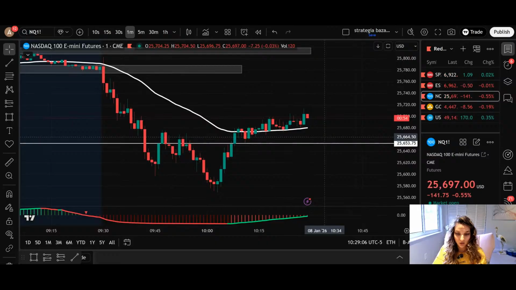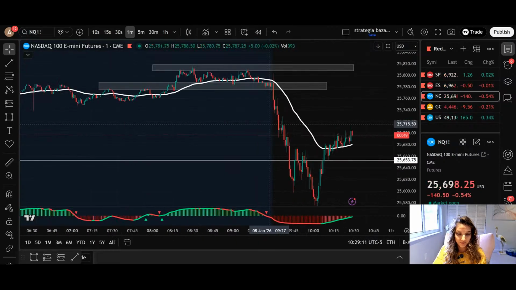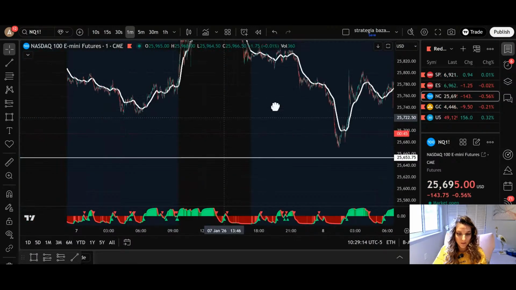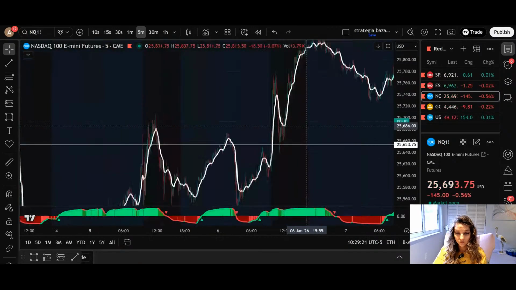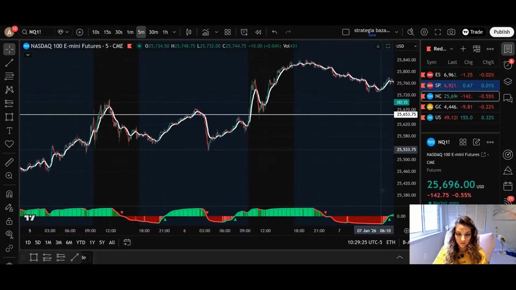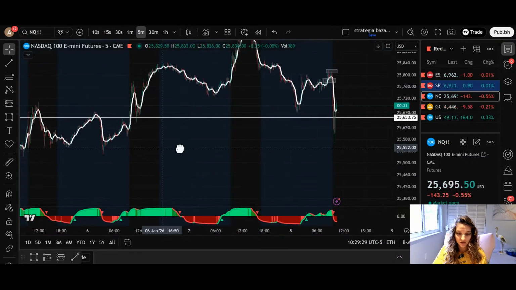NQ, what is NQ doing? He's dancing around the EMA. Those are the best strategies.